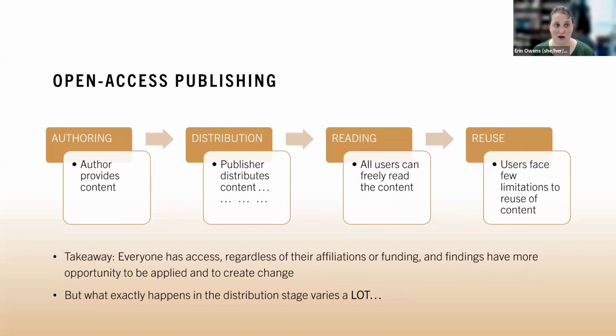Now let's take a look at an alternate flow for open access publishing. The author still provides the content. The publisher still distributes the content, possibly by various means, which we'll dive into in a moment.